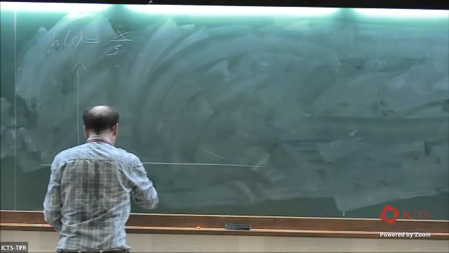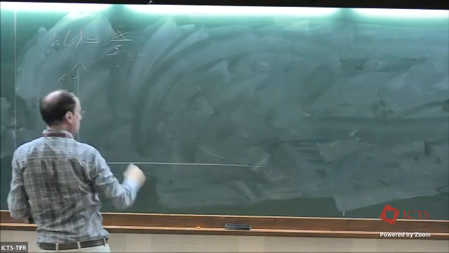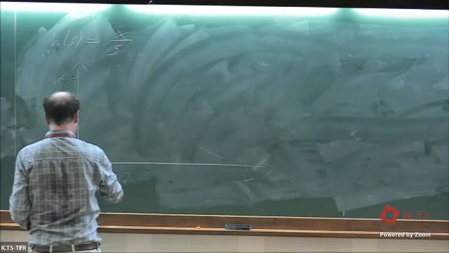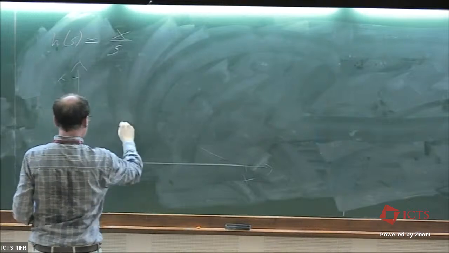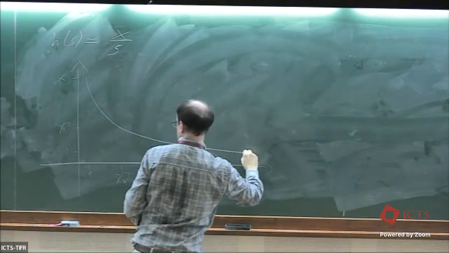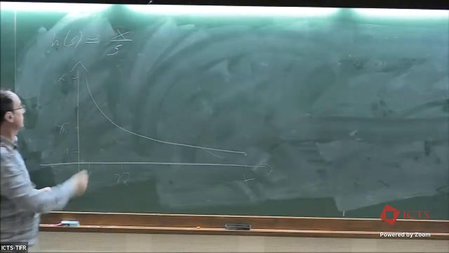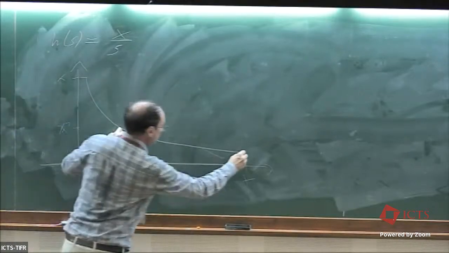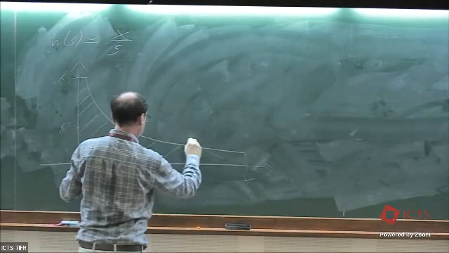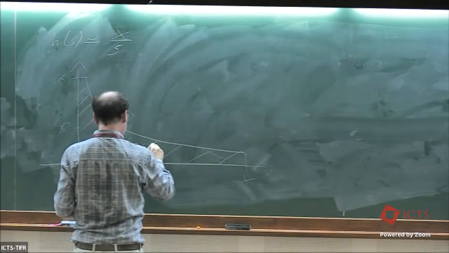Here we have square root x, x, and 1. What we do is count lattice points below that hyperbola.